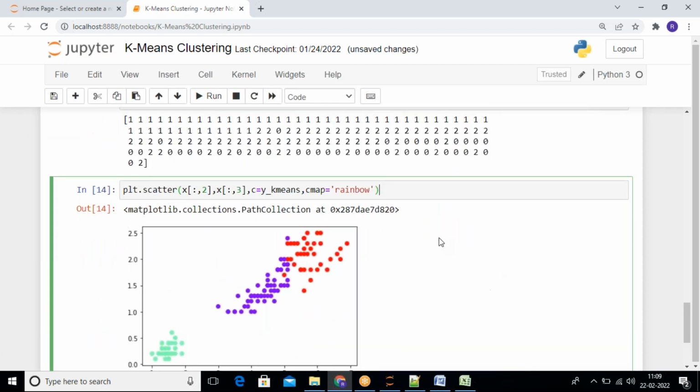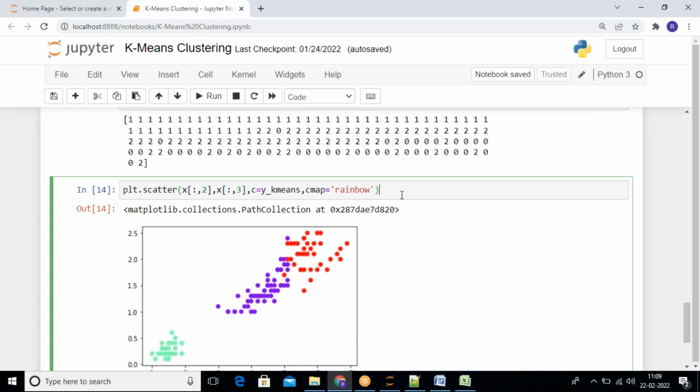If I plot this, I'm getting the cluster plot something like this. I have given cmap rainbow. Why? Because it will take colors by its own choice, and I don't need to worry about color. With 7 colors, it will take them automatically, and after that it will give color shades like light yellow, dark yellow.